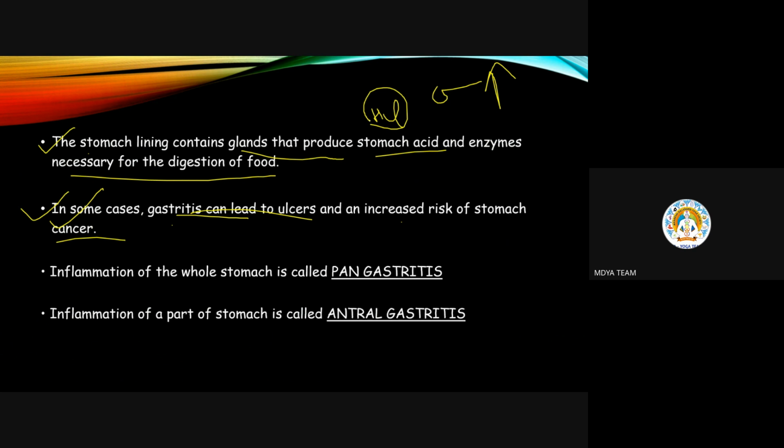It will start damaging the inner layer. If it starts damaging the inner layer, our immune system will definitely become active, because something is harming the body. And one of the symptoms of immune system activation is inflammation.